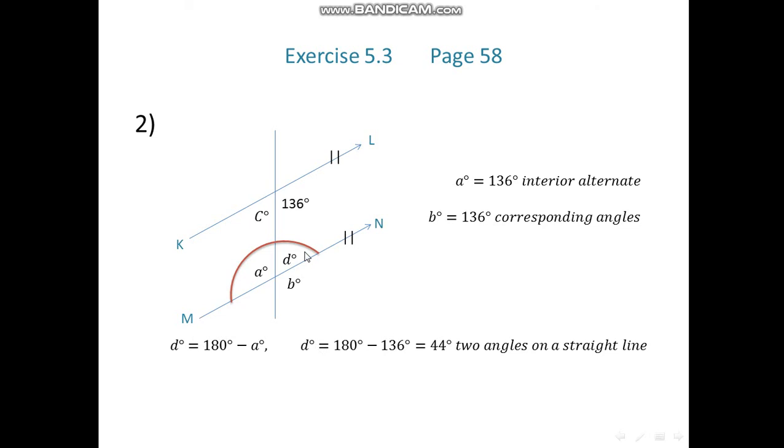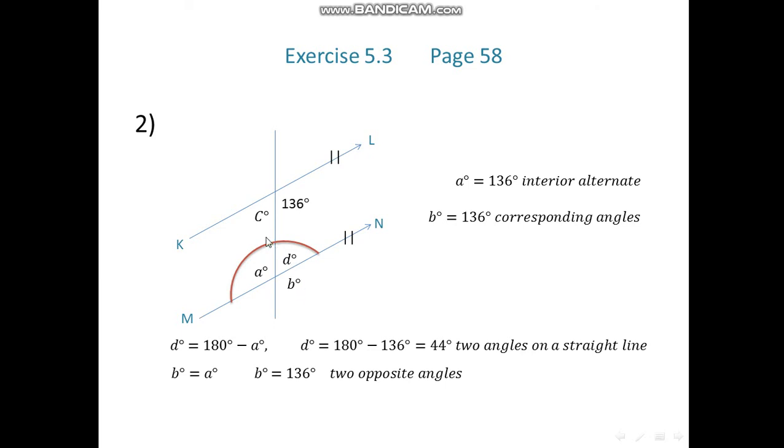Is that correct? Yeah. If I add 44 plus 136, it has to give me 180. So now B naught equals A naught. Why? Because they are two opposite angles. So if this is 136, this has to be 136 also.